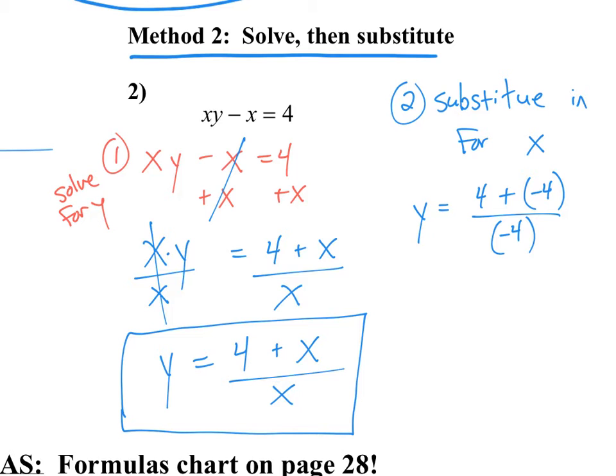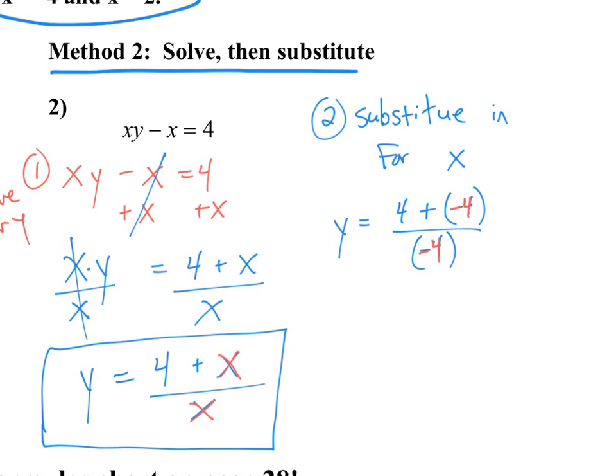Because we're substituting in wherever we see this x, we substitute in -4. Okay, and if we do the math here, 4 plus -4 is 0. 0 divided by -4 is 0. So we still get 0. This was when x equals -4.